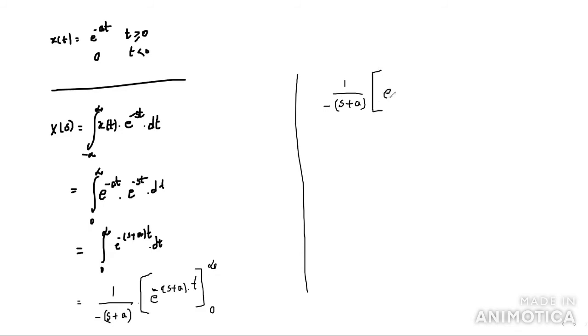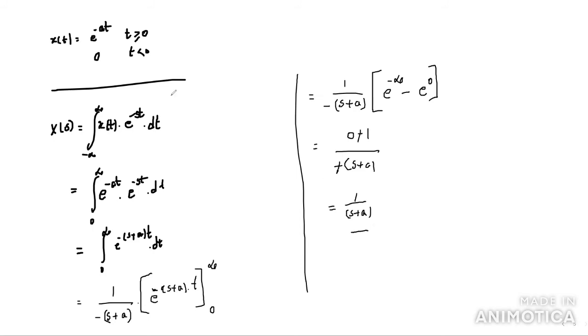Here something will be multiplied with infinity. We will get e power minus infinity minus e power 0. E power minus infinity is 0, and minus 1 divided by minus into s plus a. So minus minus gets cancelled and I get the equation as 1 divided by s plus a. Okay. So this is my solution here.